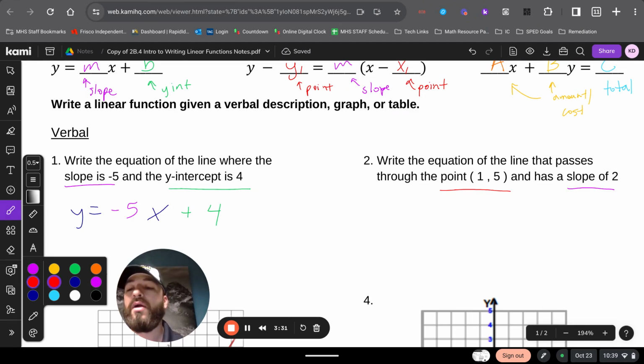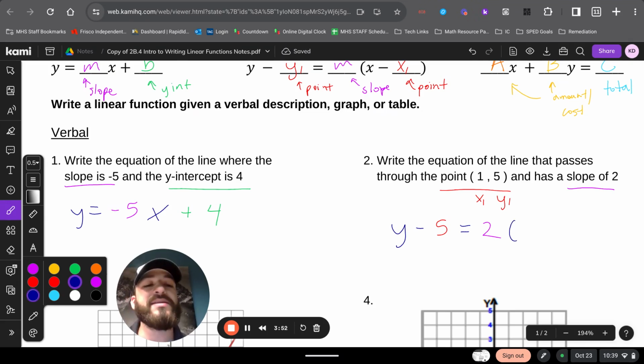So our point is, of course, (1, 5), and that's going to represent our x1 and our y1. So when we're writing our equation, it is y minus y1, so y minus 5. And that's equal to m, so equal to our slope of 2. And then parentheses x minus, and then our x1 value is that 1.